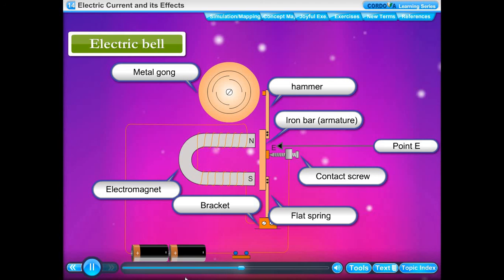The upper end of armature has a hammer attached to it. There is a contact screw which just touches the armature at point E. See figure. A metal gong is fixed near the hammer. The electromagnet is connected to a battery, push-button switch and armature in a circuit.